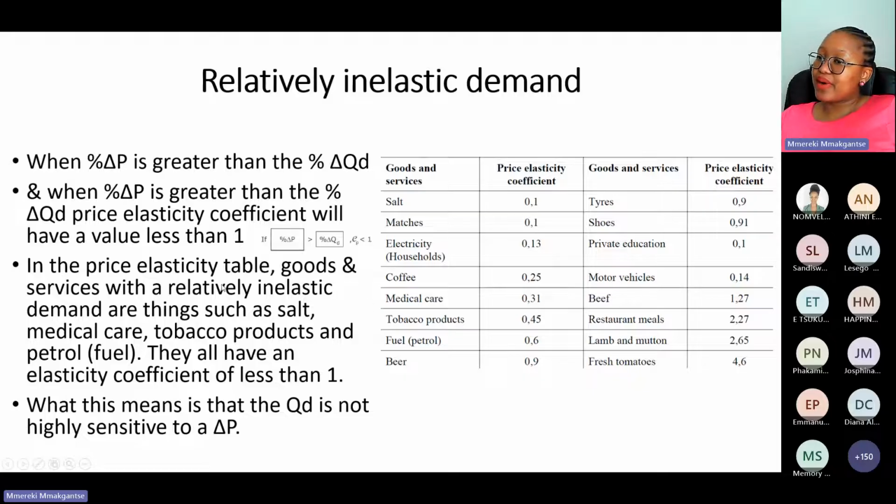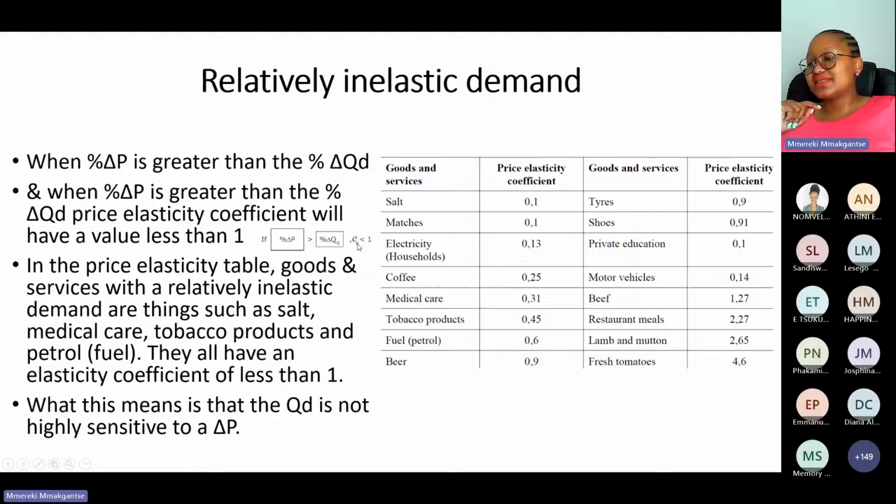In the price elasticity table, which you can find in your study guides, the relatively inelastic demands are things such as salt, medical care, petrol, and so forth, your bubbles, where the elasticity coefficient is less than 1. Remember, it is when the percentage change in price is greater than the percentage change in quantity demanded.